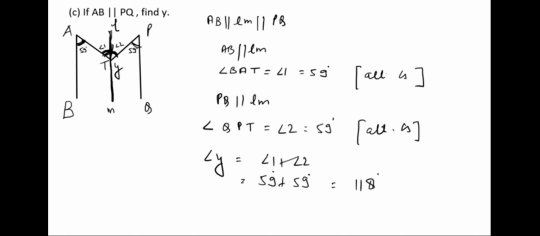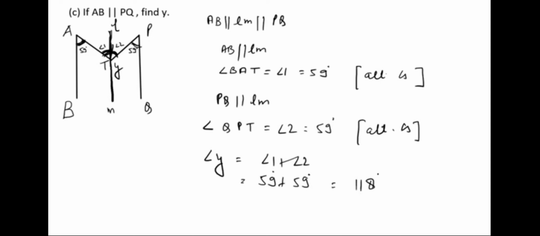Since AB parallel LM, so we can say that angle BAT, look the figure, angle BAT, suppose this is angle 1, is equal to 59 degree, alternate angles. Now PQ parallel LM, so we can say that angle QPT is equal to angle 2.